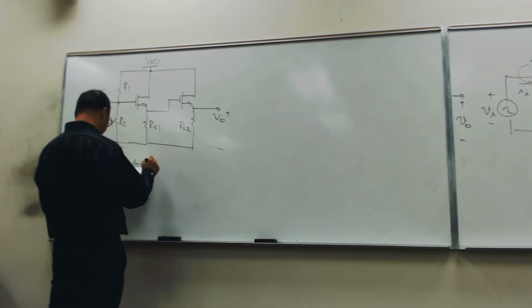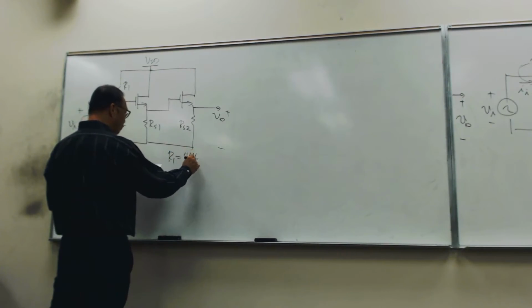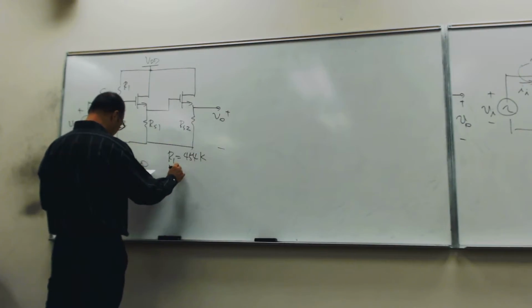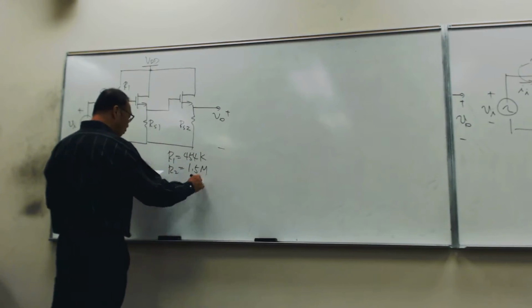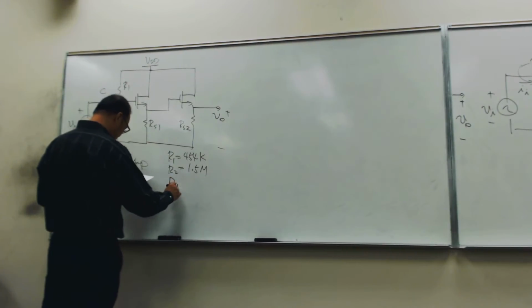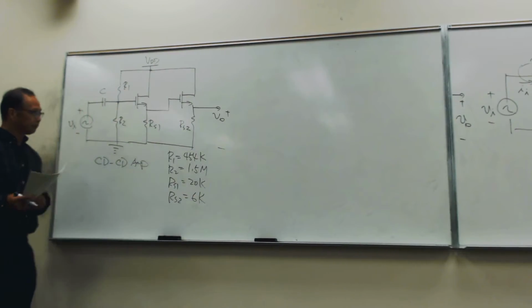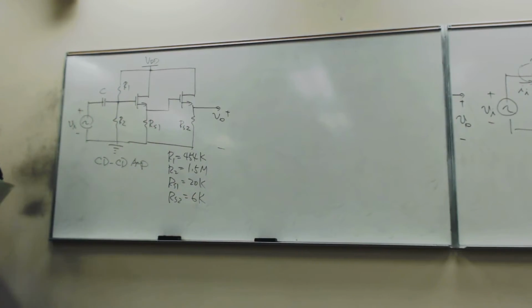So let me give you all the components. R1 is 454 k ohm. R2 is 1.5 mega ohm. RS1 equal to 20k. RS2 equal to 6k.